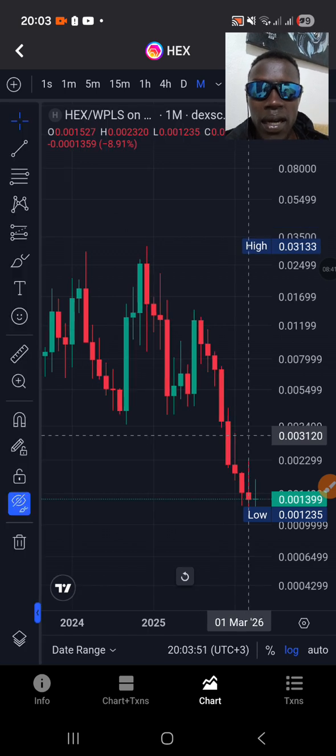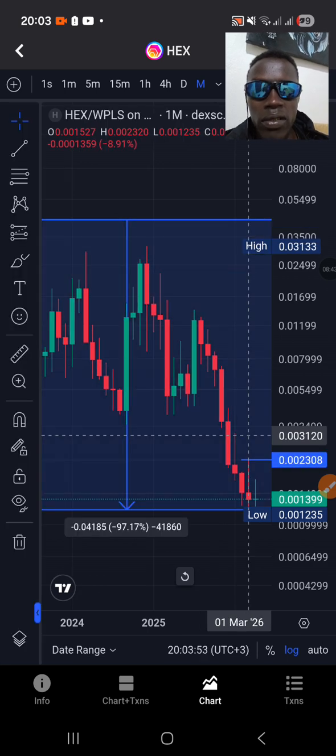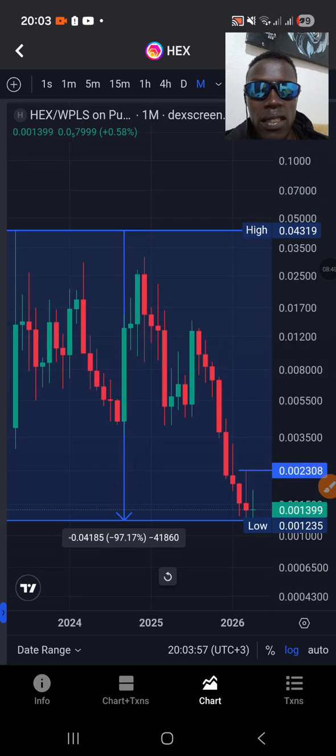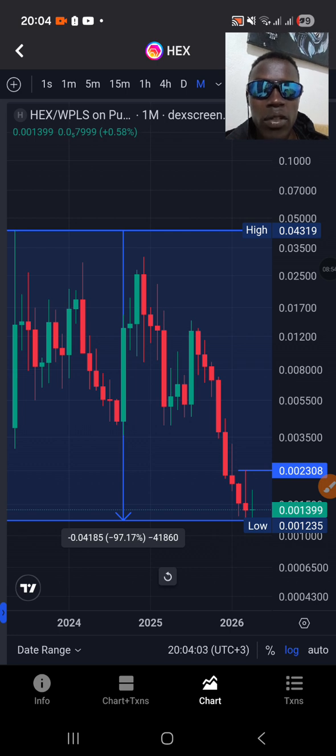Going back to introduce our analysis, this tool is to show how price has moved, we are able to see this range where price has moved from up to down. And from the all-time high up to the current low, you can see price has gone down almost negative 97.17%.